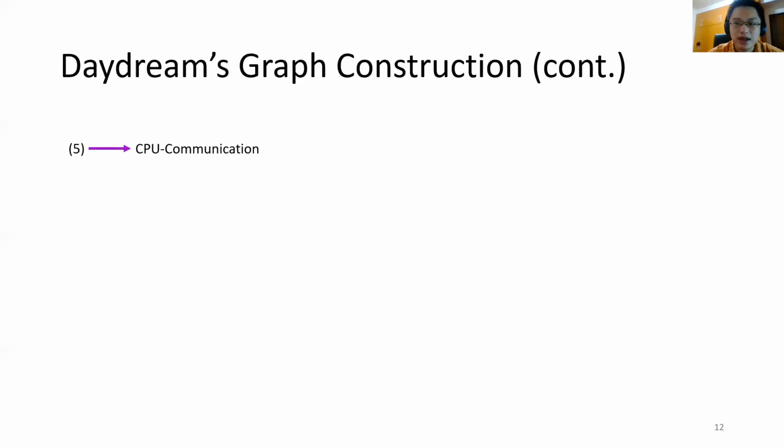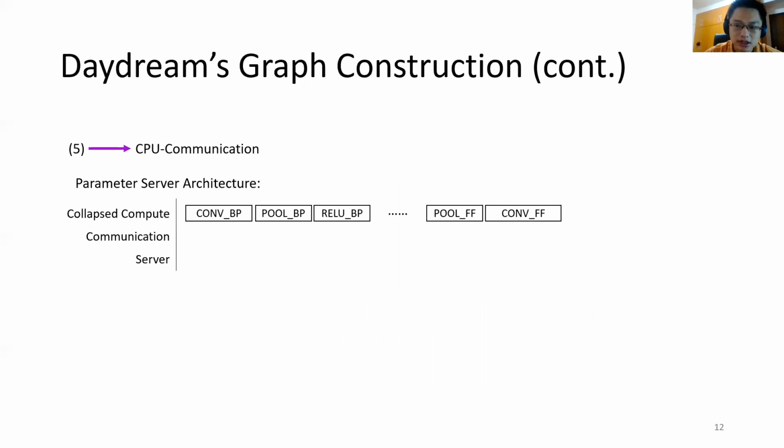And then we have dependencies from CPU tasks to communication calls, because we aim to estimate distributed training runtime. When estimating the distributed runtime, we first collapse the CPU calls and GPU kernels into layer-wise forward and backward tasks. And then we add dependencies between the compute and communication tasks. If we model a parameter server architecture, we need to add push or pull operations.